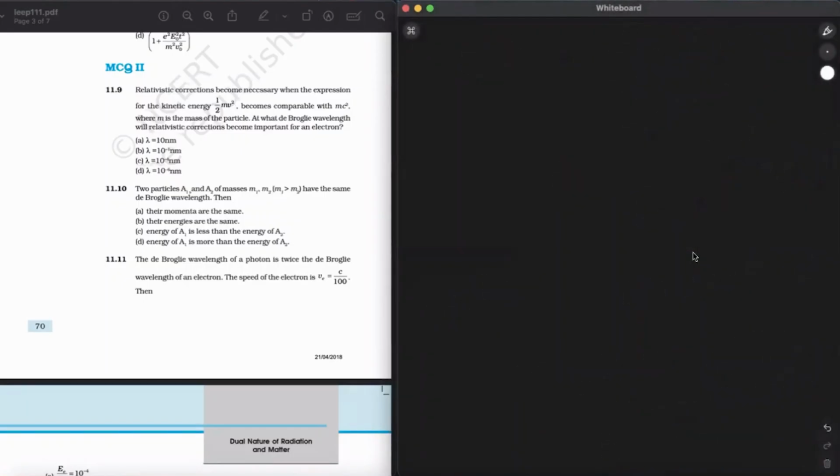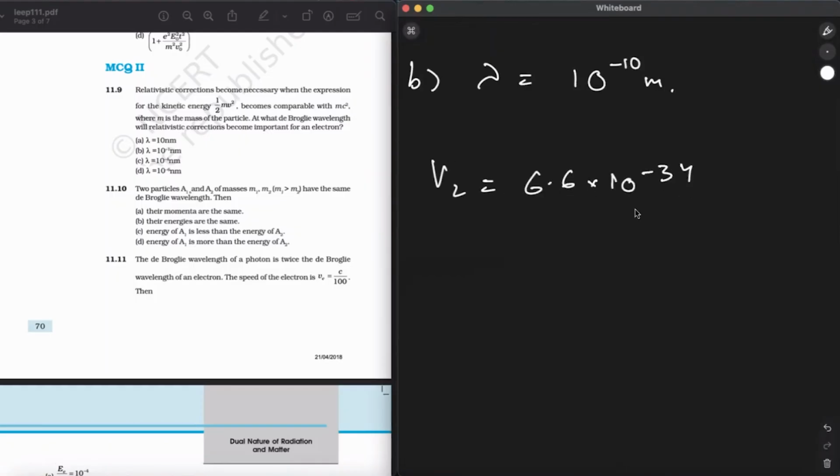Okay. Now, option number B. Now, lambda is equal to 10 raised to the power of minus 1 nanometers. So, it is 10 raised to the power of minus 10 meters. Now, V2, if I write 6.6 into 10 raised to the power of minus 34, and writing the mass for it, 9 into 10 raised to the power of minus 31 into 10 raised to the power of minus 10. Okay.